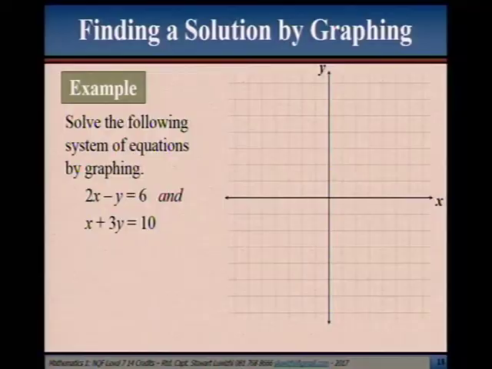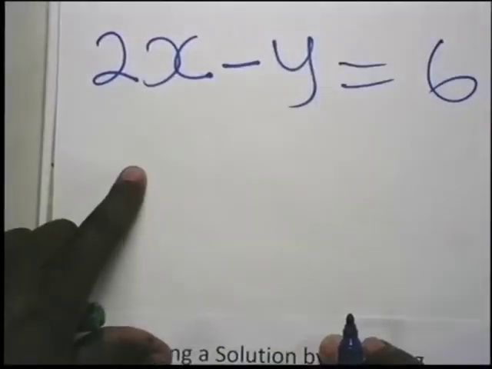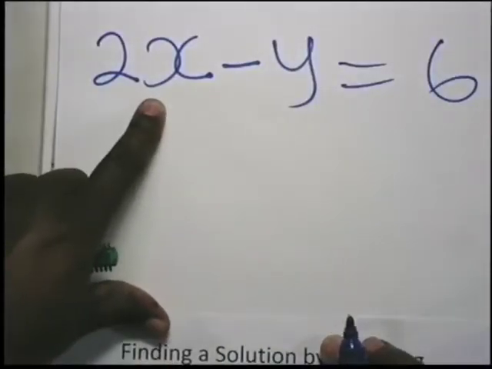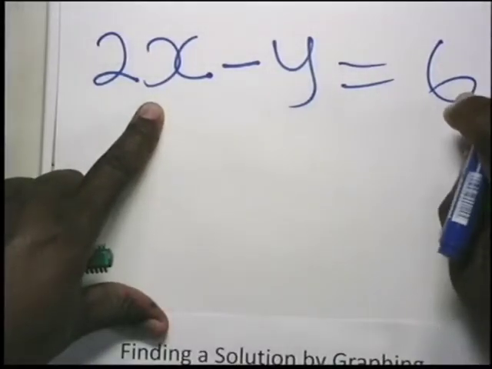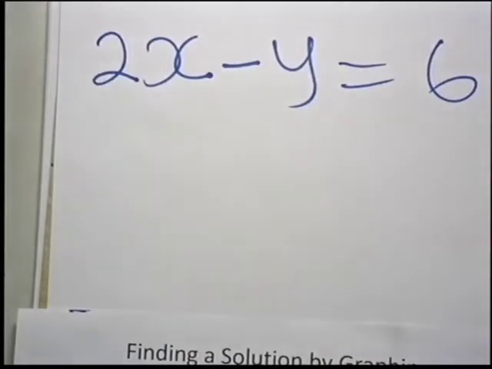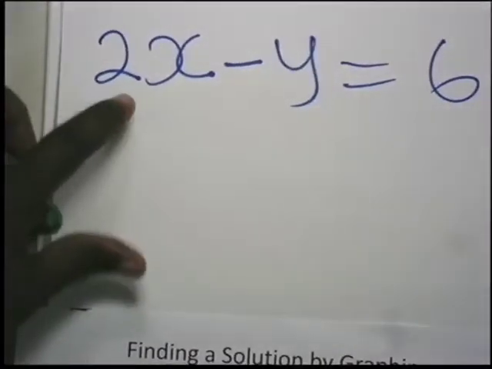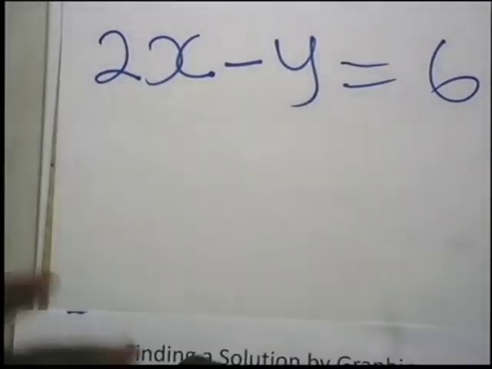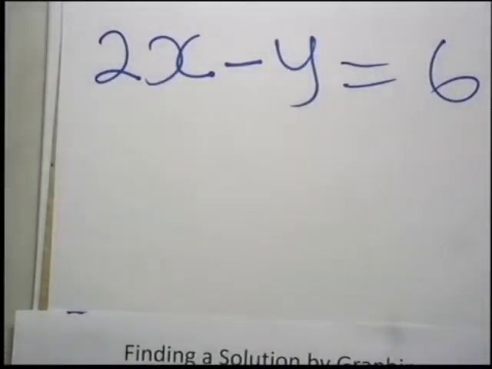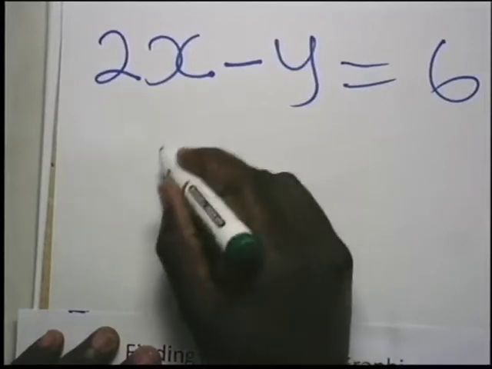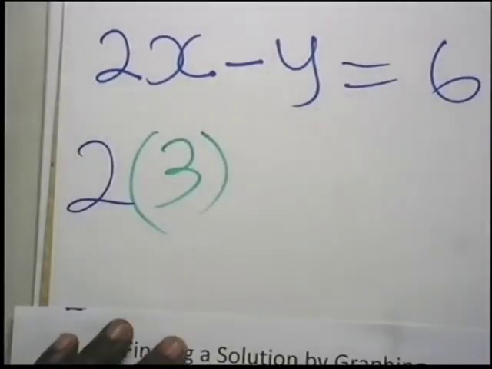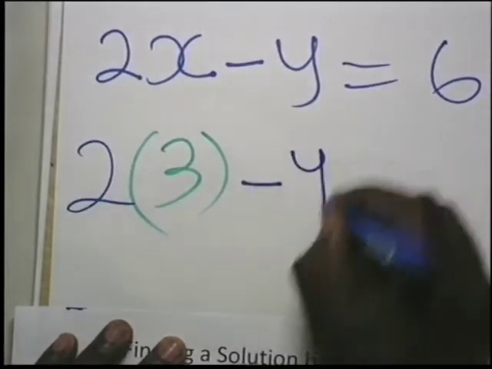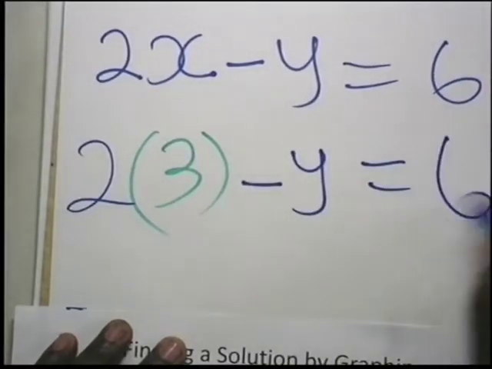The idea here is I want a number that if I put here, it will also equal this number so that I can be able to cancel those numbers. So if I take my x and make it 3, then this I keep as 2, and then here I remain with y equals 6.